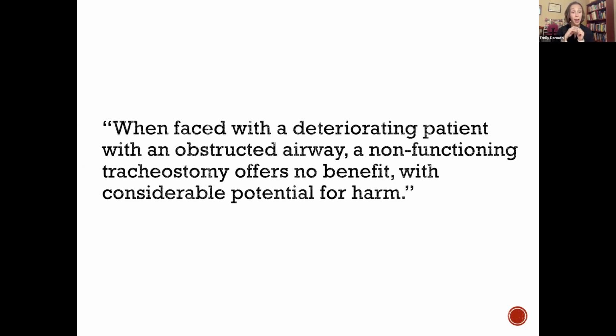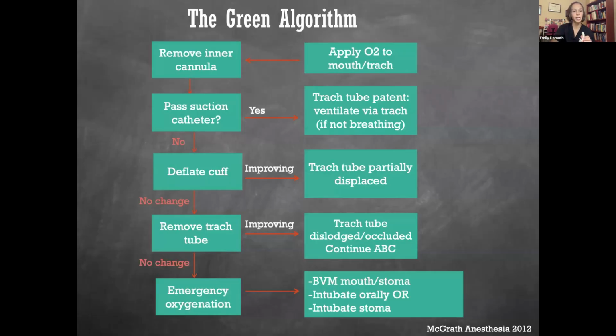So that fourth step of removing the airway is really uncomfortable for us, but it is a necessary step in the algorithm. And all of these steps, it takes a while to talk about them, right? But you can do this in a minute or seconds.